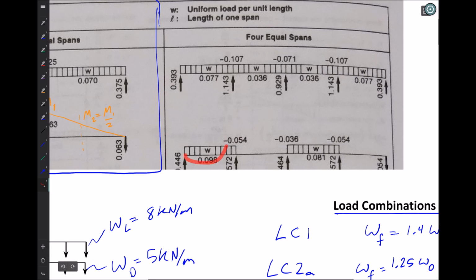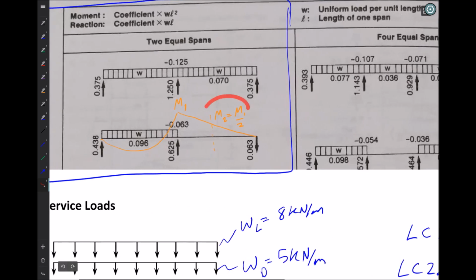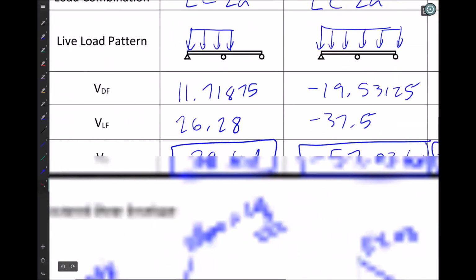And here we would have a moment diagram that would come up to a negative moment, and come on some sort of line to another negative moment, and it would keep doing that. So if we wanted the moment in the middle, we'd have to take the average of this one and this one to get it. So I'm going to use that principle down below. I'll take that minus 0.063 and the plus 0.096 down below.